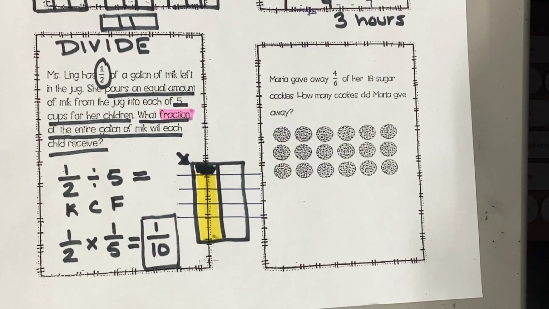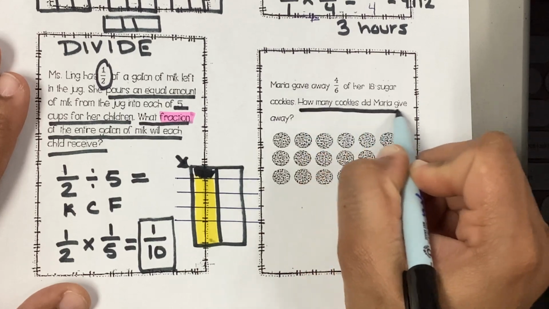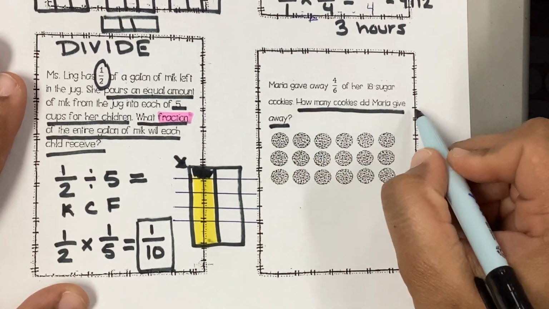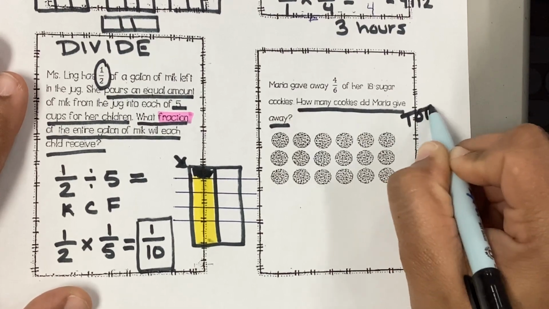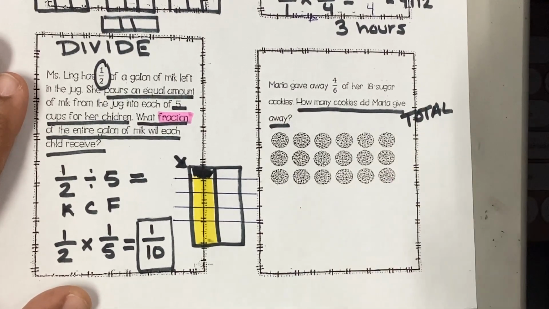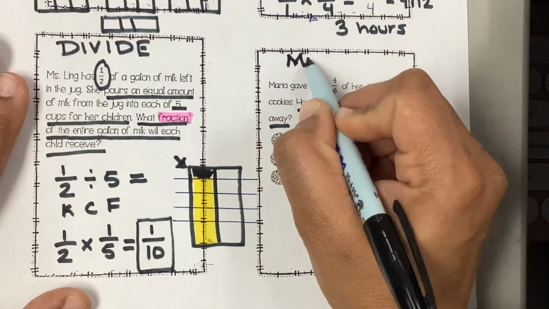The last example says Maria gave away 4/6 of her 18 sugar cookies. How many cookies did Maria give away? So the problem wants to know how many did Maria give away. So that means we are looking for a total. When we are looking for a total, we know this means we are going to be multiplying.